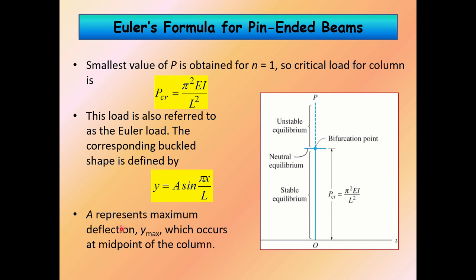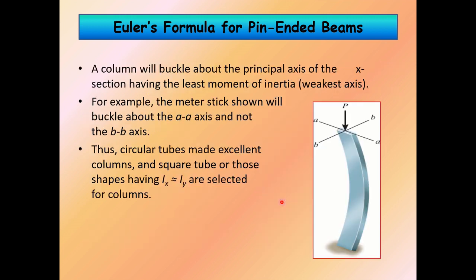The maximum deflection Y max occurs at the midpoint of the column. This is the neutral equilibrium of the column. Above it, the column is unstable; below the neutral, the column is stable. A column will buckle about the principal axis with the least moment of inertia, the weakest axis.